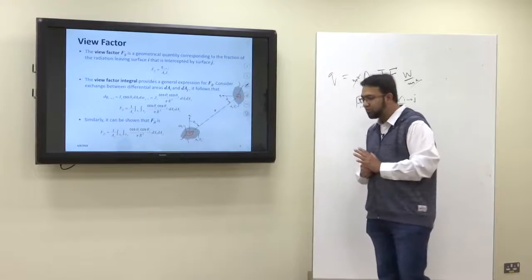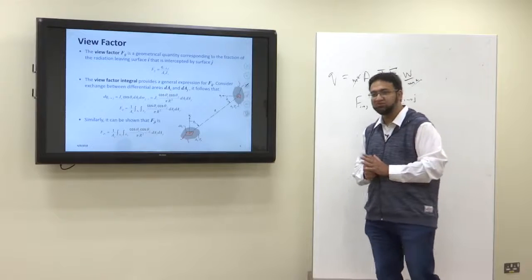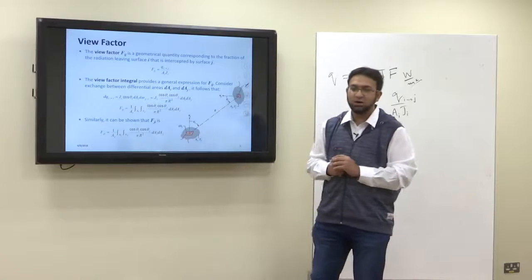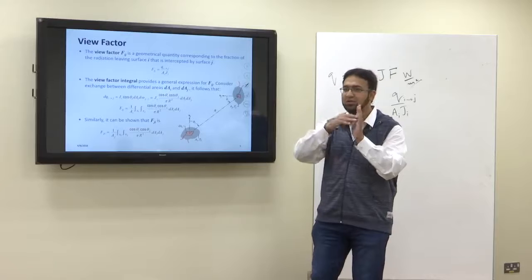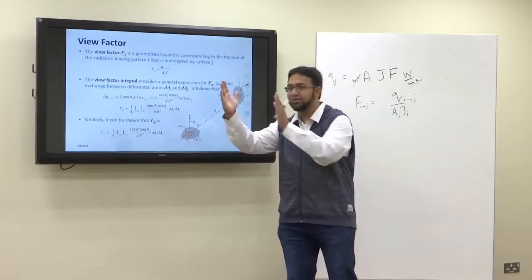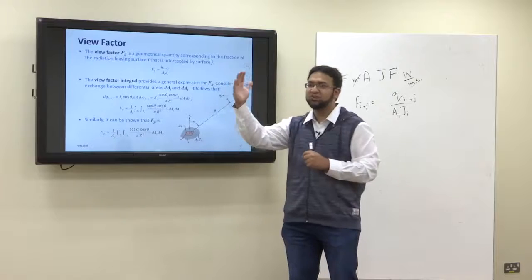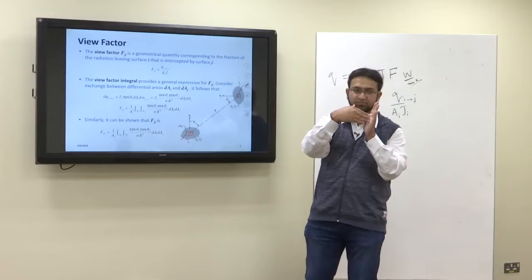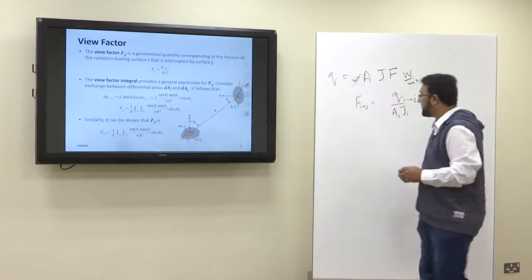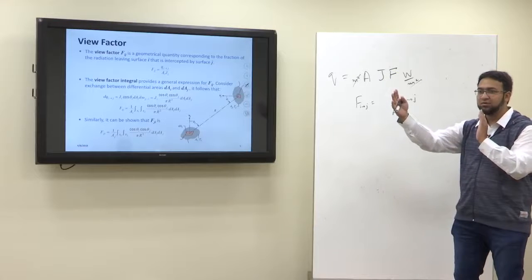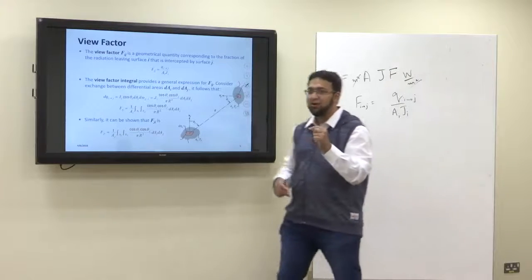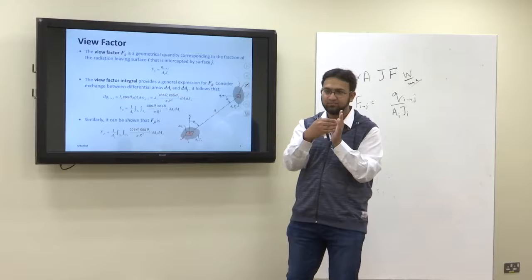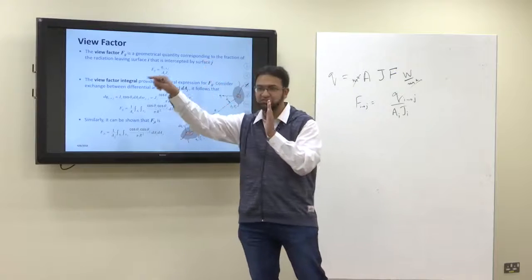So if there are two bodies and I want to know the net heat transfer between them, then I have to determine how much energy is emitted from one body and absorbed by the other body, minus how much is emitted from the other body and absorbed by this body. So the heat transfer is occurring in both ways, but the net heat transfer will be in the larger direction.